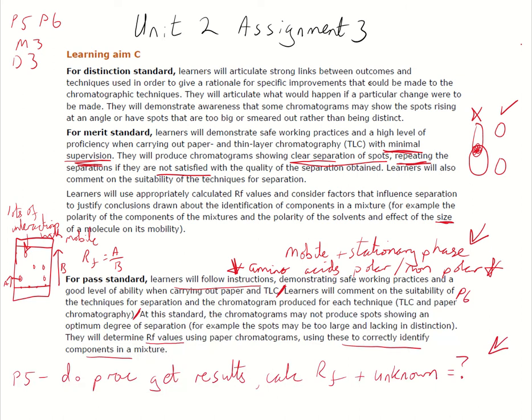I've got 2 molecules that have got the same polarity, but one of them's traveled further. Clearly, this one's probably got a smaller size. When I looked up the molecular mass, this was the case. What you should have, therefore, with all of this, are references where you're actually getting this information from.